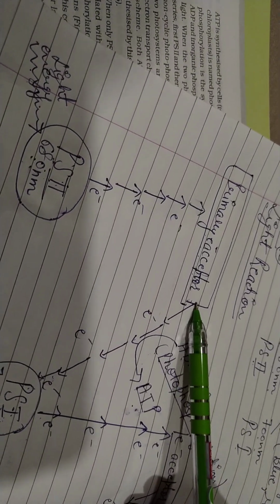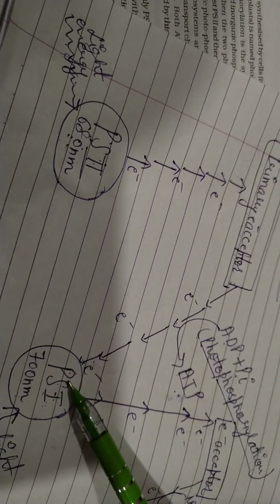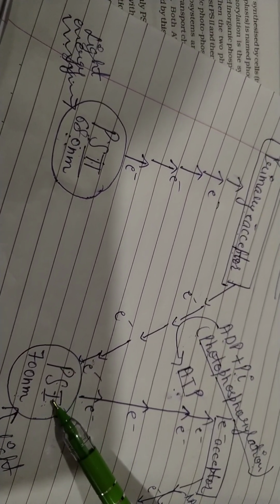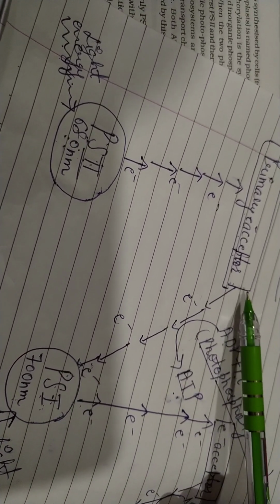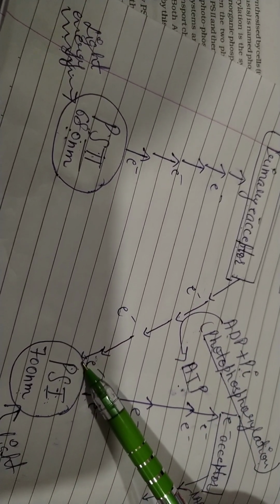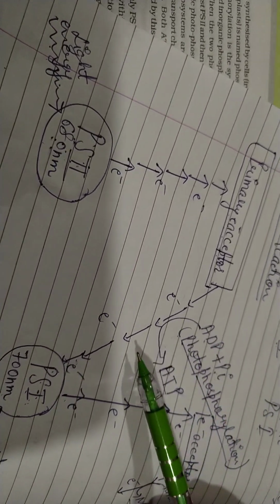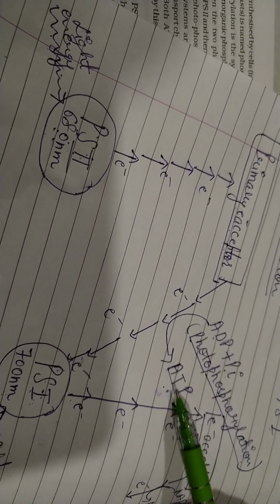Now these electrons will come back to the lower energy state, where they will be accepted by photosystem 1. And while coming back from higher to the lower energy state, energy is going to be released, and that energy will be utilized for making ATP.